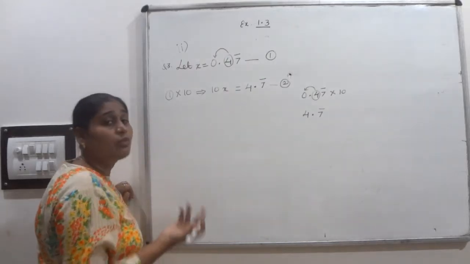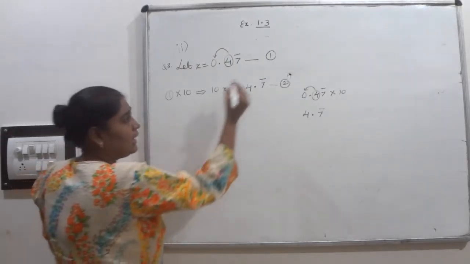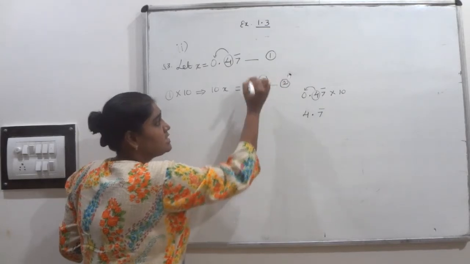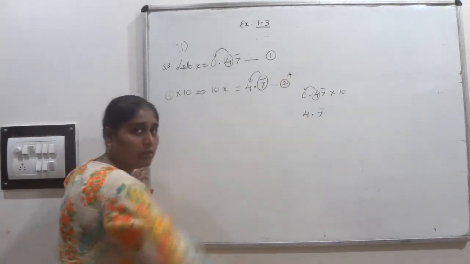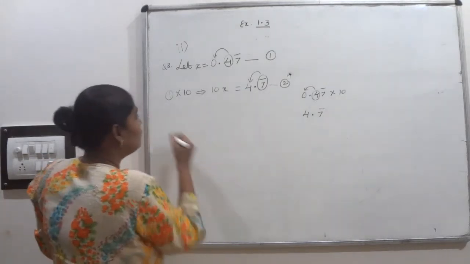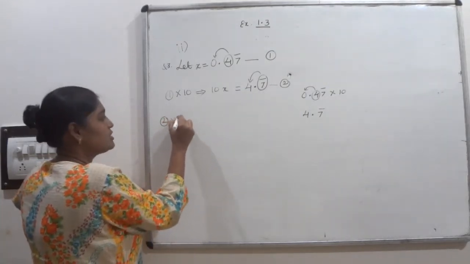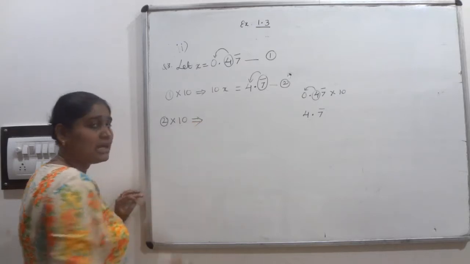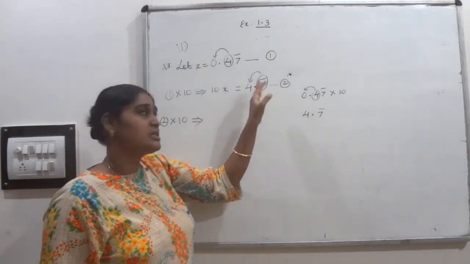I have to make one more equation. For that, again I shift the decimal part to the whole number side by multiplying equation number 2 by 10. Why multiply by 10? Because only one number is there that I want to shift.